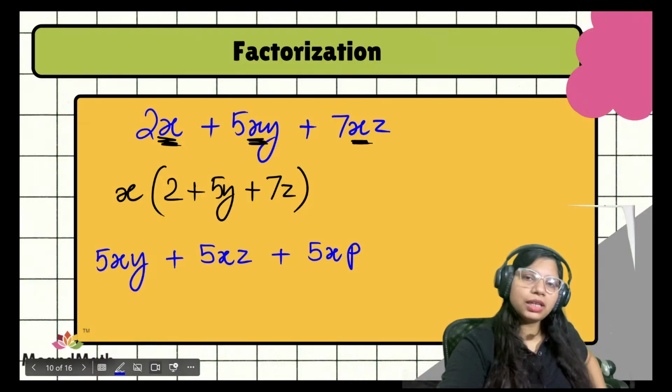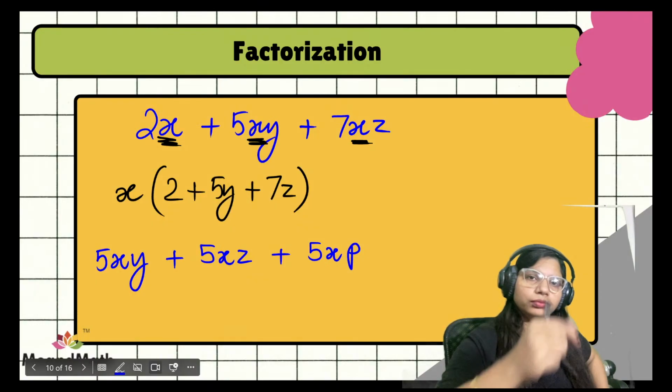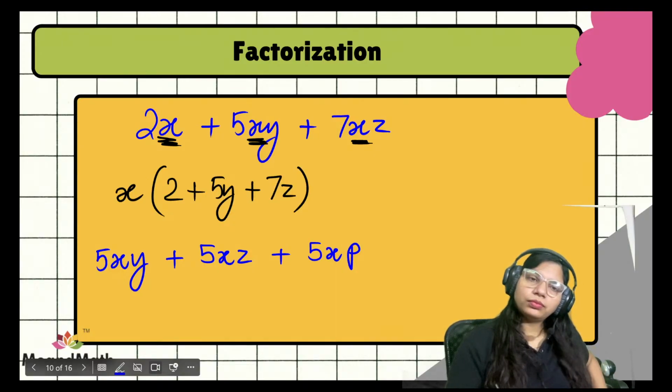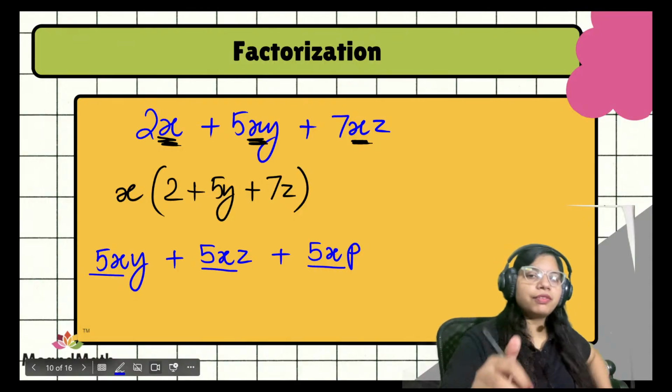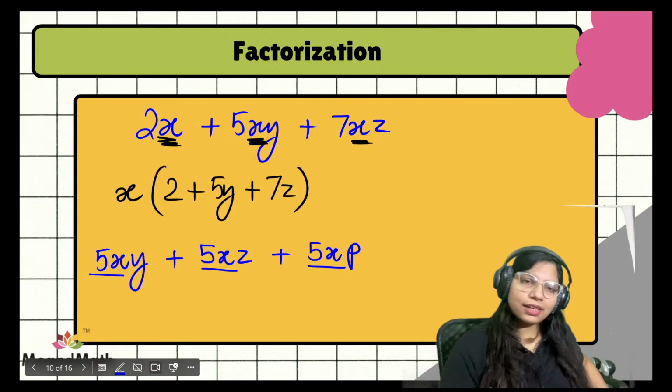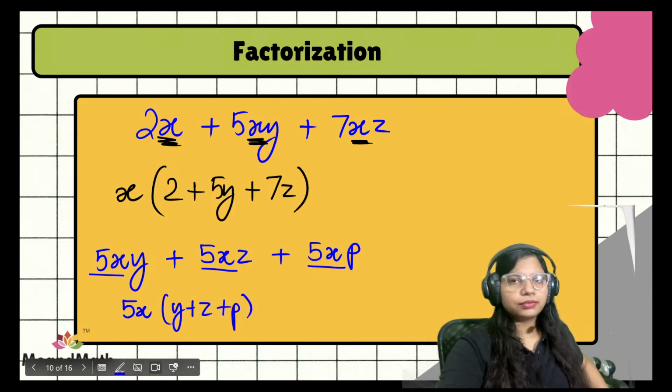What is common? Underline it, and we have to write it outside the bracket. So we have 5x, 5x and 5x common everywhere, isn't it? So let's write 5x outside, y plus z plus p will be written inside. Does that make sense, kids? Yeah. So this is how we factorize things.